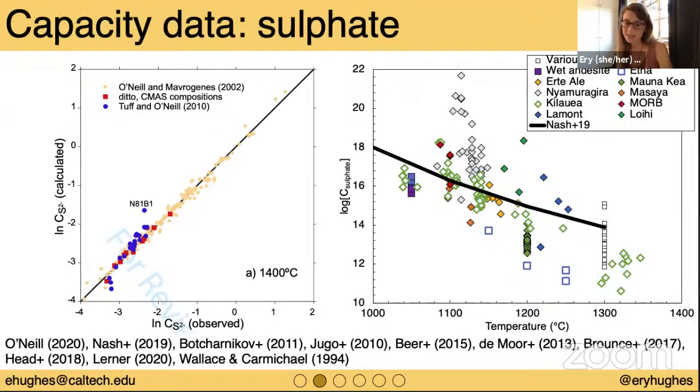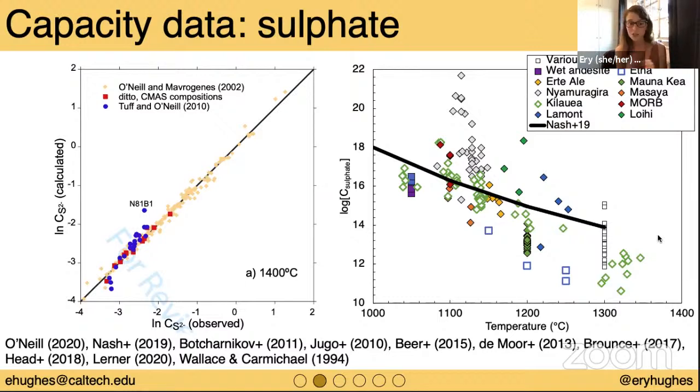The sulfate capacity is much more poorly constrained, so we don't really know the effects of pressure, temperature, or melt composition on it. That's because there hasn't been an experimental effort to constrain this parameter. This plot shows data I've got from the literature, from experiments or studies on melt inclusions in diamonds, where I'm able to calculate a sulfate capacity from the available data.